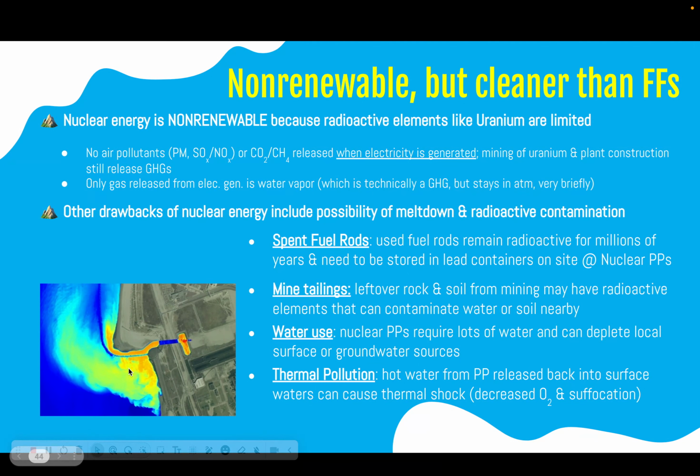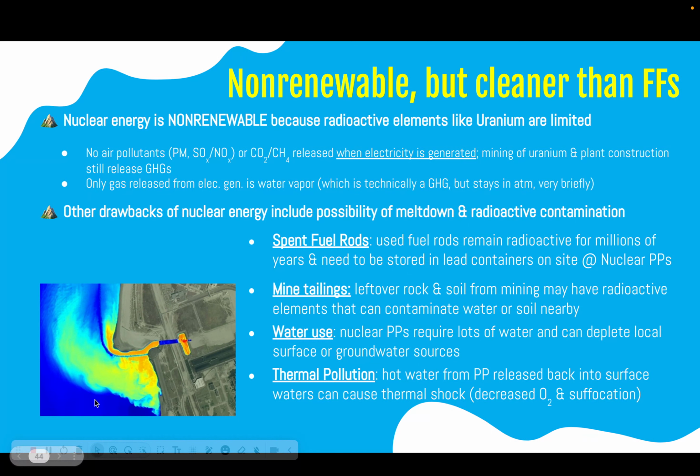You can see here a satellite imagery of a power plant. Okay. So this is like a reservoir where they dump a lot of really hot water, and then they dump the cool water into the waterway, and you can kind of see with this infrared image how much it's actually heating up compared to the rest of the water.